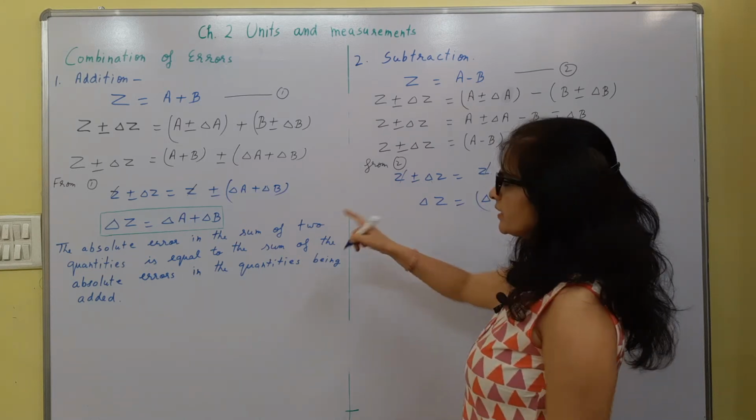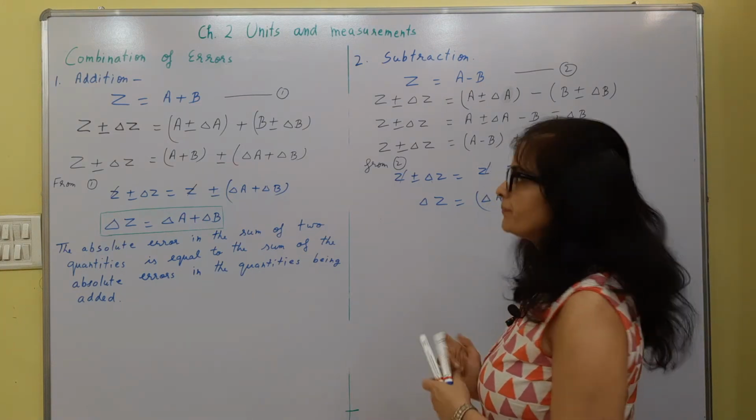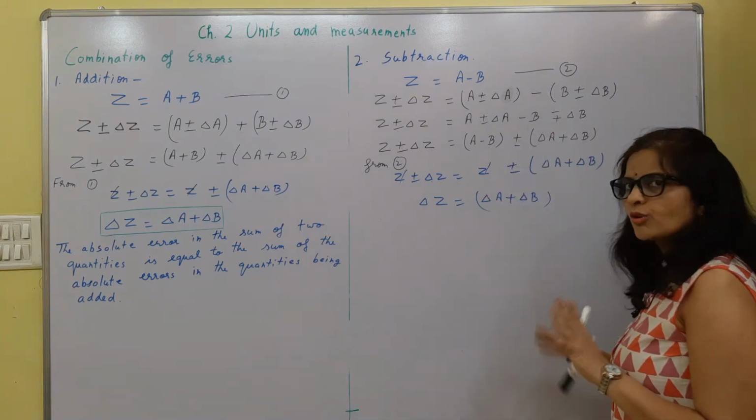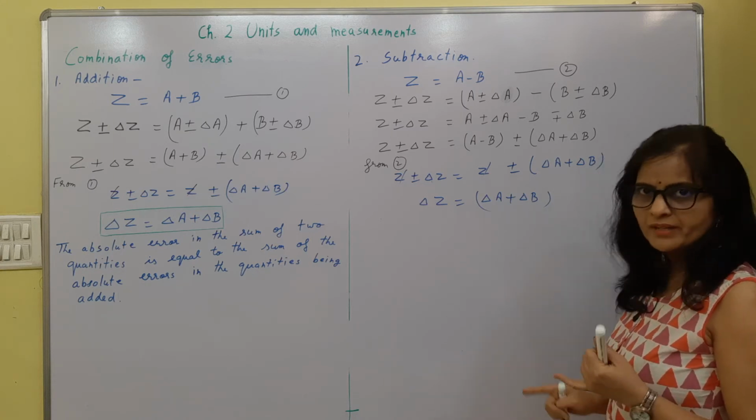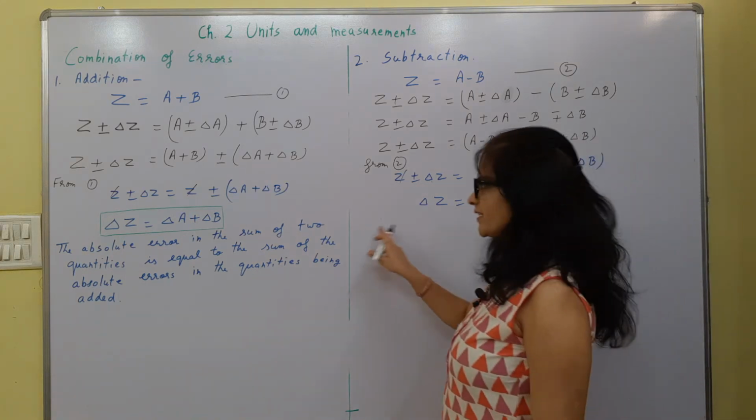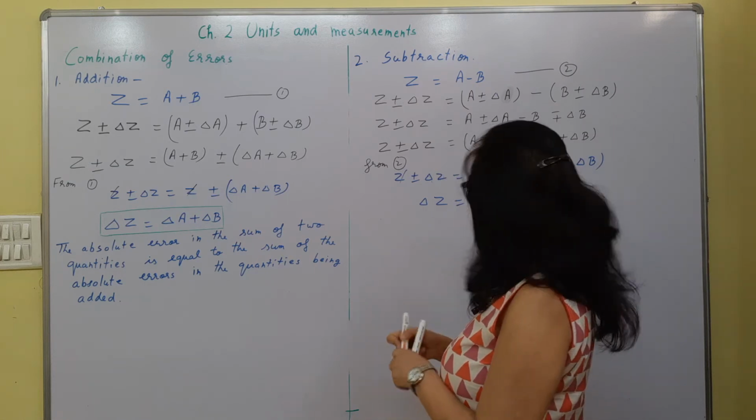As you compare on both the sides of the board, that absolute error is always added, whether it is addition case or subtraction case. So the sentence will also remain similar.